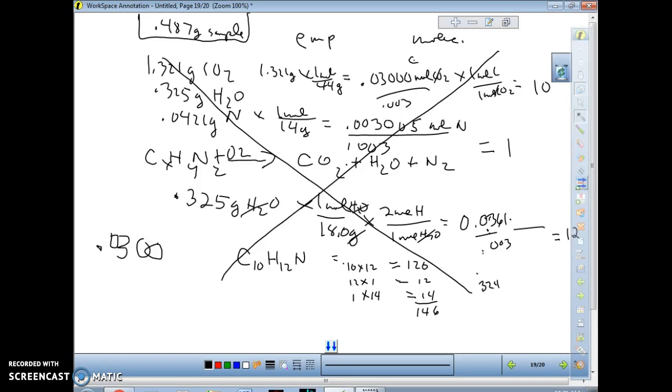So when we do this, I'm probably going to move these down just a little bit because I think that will be the best thing for us. So we'll take the 0.0300 moles of carbon.